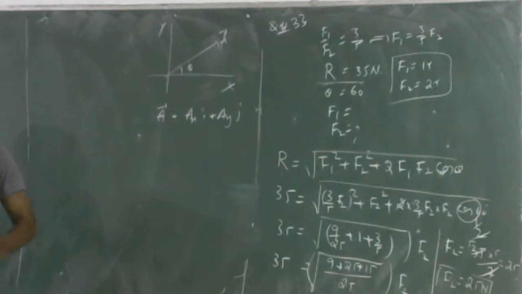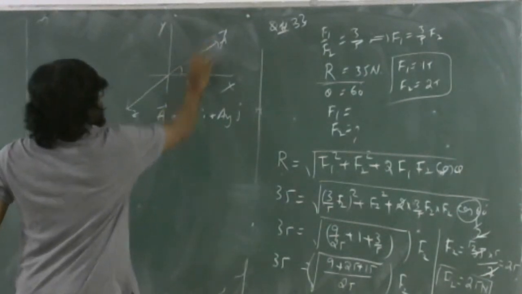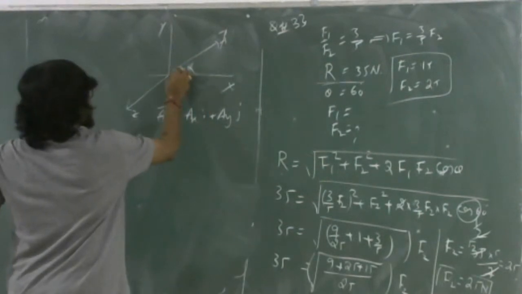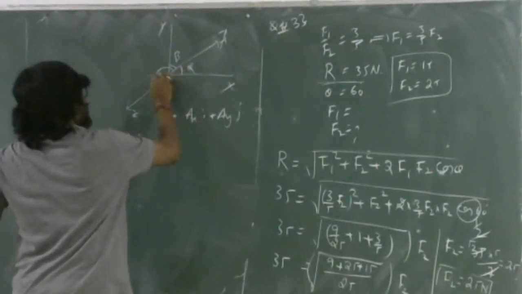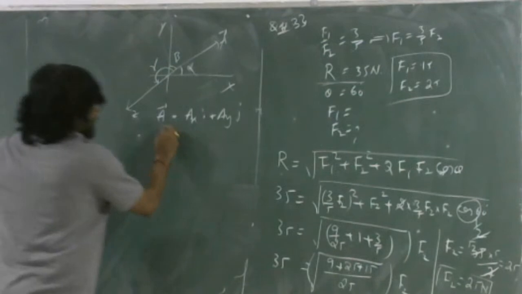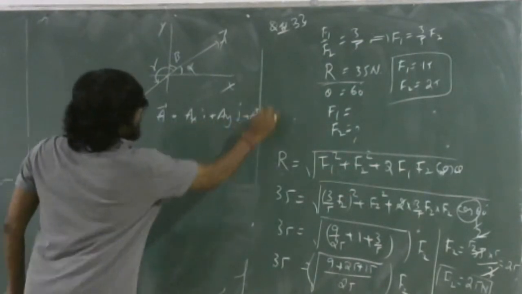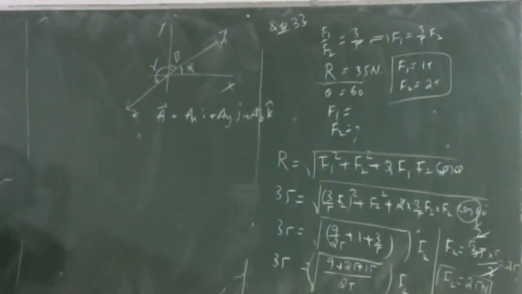If a vector is placed in 3-dimensional space, making an angle alpha with the x-axis, beta with the y-axis, and gamma with the z-axis, then the vector can be expressed as Ax i plus Ay j plus Az k, where Ax, Ay, Az are given in terms of directional cosines.